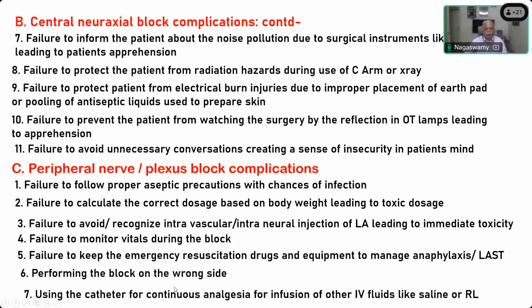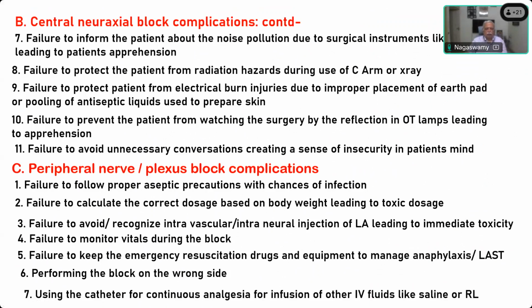Using the catheter which is inserted for continuous analgesia wrongly for infusing IV fluids like saline or Ringer lactate. This has happened especially when you put in a supraclavicular block continuous catheter. This mistake has happened several times in the Stanley hand injury department.